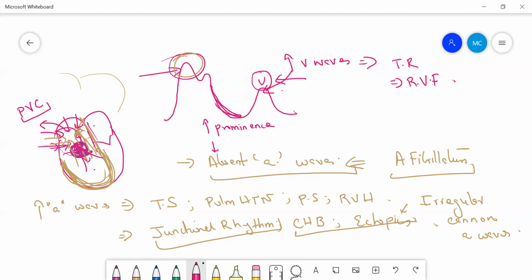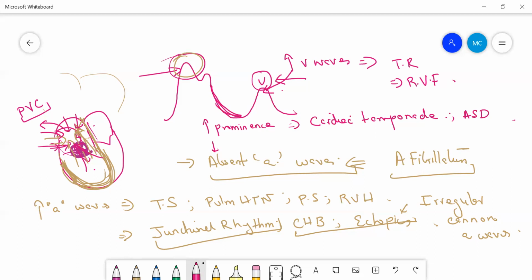Remember, the increased prominence of the X wave mainly occurs during cardiac tamponade. What is cardiac tamponade? As I told you, the filling up of the pericardial space with fluid or with blood. Cardiac tamponade, constrictive pericarditis, and atrial septal defect are all responsible for the increased prominence of this X wave.